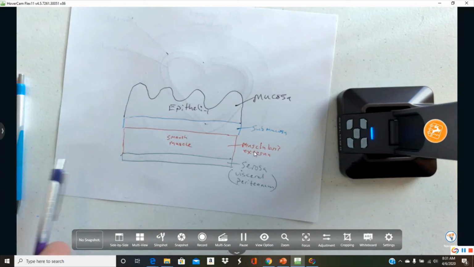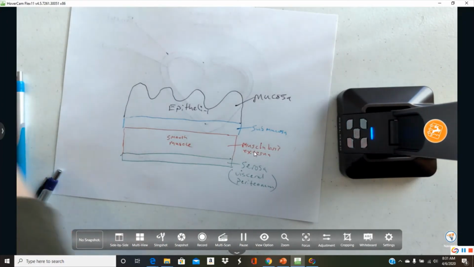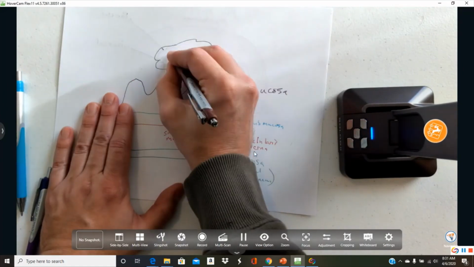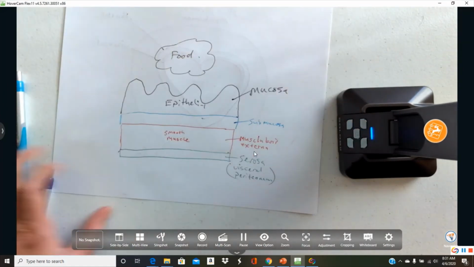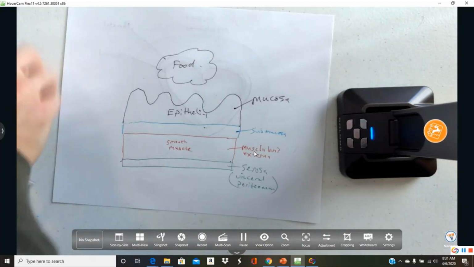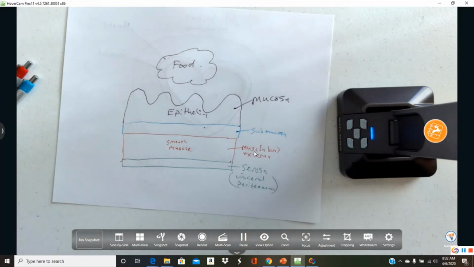And what's going to happen is this is where the food will be in contact, okay? So you're going to have food in contact. This is the lumen. Now, why does it matter that we know this? Well, there are certain inflammatory bowel diseases you may learn about in pathophysiology and some other courses, and a lot of what goes on is in the submucosa.